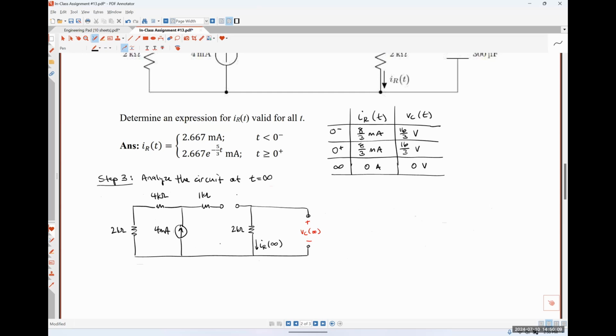The reason I'm including this step is because on Friday, we're going to look at what's called the total response, which is what happens when we leave voltage and current sources connected to our energy storage element. And we're going to have to do this step then. So I'm just getting us in the habit of doing it now. But we should expect our analysis at t is equal to infinity to just give us zeros for today. Okay. Any questions on this step?